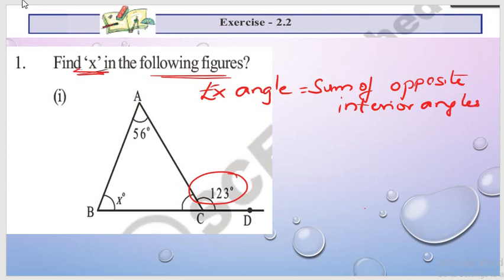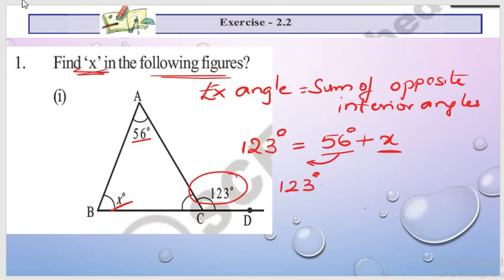So the exterior angle value, 123 degrees, is equal to the sum of the opposite interior angles, which are 56 and x. So 56 plus x. Since we need to find the value of x, we transpose this 56 to the other side. So 123 degrees minus 56 degrees is equal to x.